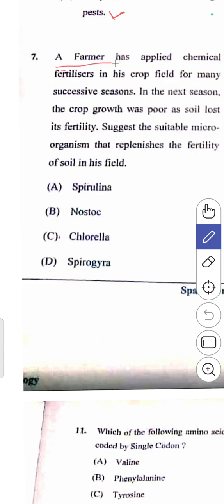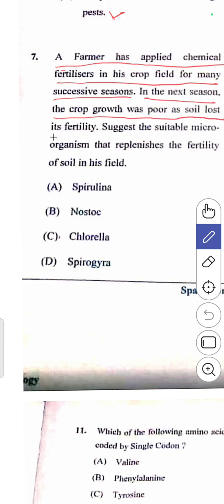A farmer has applied chemical fertilizers in his crop field for many successive seasons. In the next season, the crop growth was poor as the soil lost its fertility. Suggest the suitable microorganism that replenishes the fertility of soil in his field. So here they are talking about the continuous usage of chemical fertilizer resulting in degradation of soil fertility.